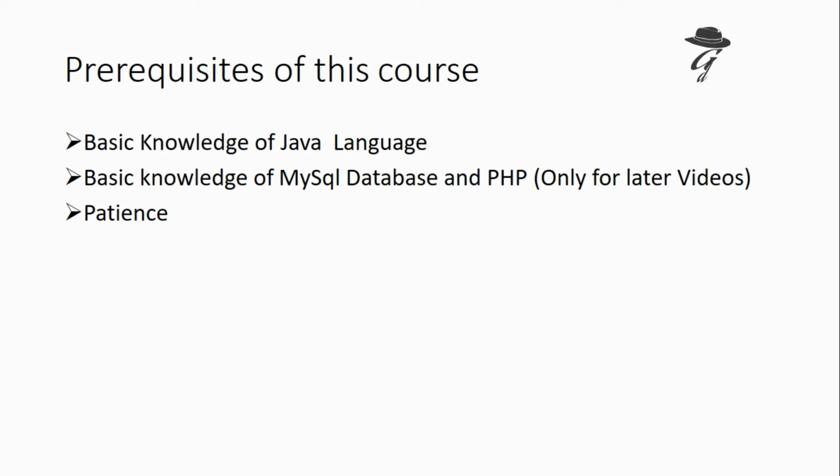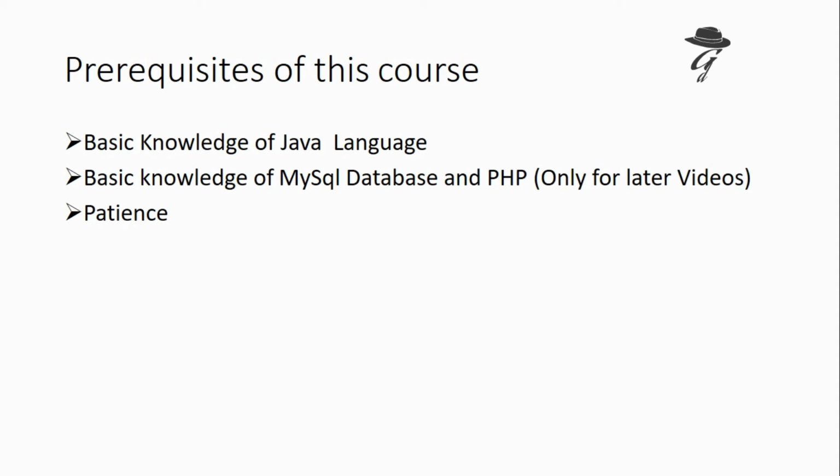So what are the prerequisites of this course? You should know the basic language, basic Java language. In Android Studio, you can develop using two languages, either Java or Kotlin. Kotlin is relatively new, and Java has been here for ages, right?